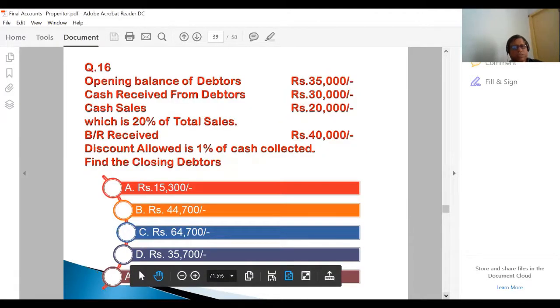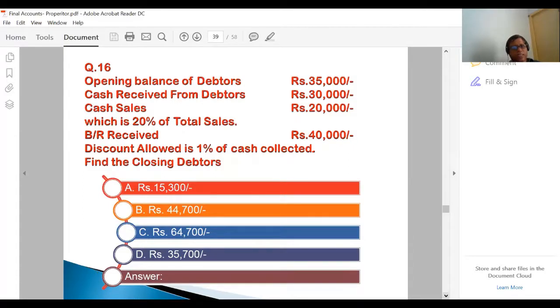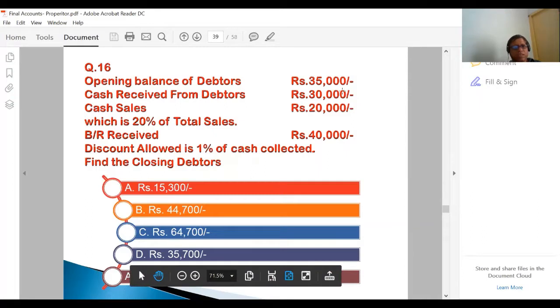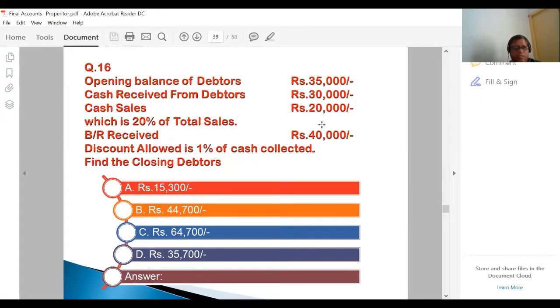Can you try this question? Opening balance of debtor is 35,000. Cash received from debtor is 30,000. Then cash sales is 20,000, which is 20% of total sales. So we need to calculate credit sales. Bills receivable is 40,000. Discount allowed is 1% of cash collected.